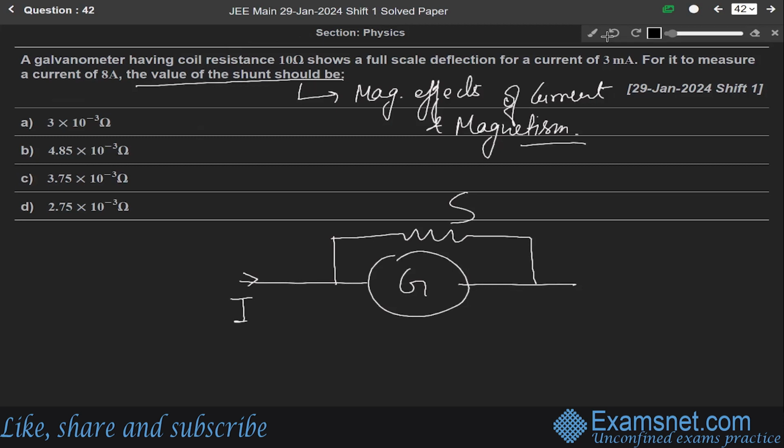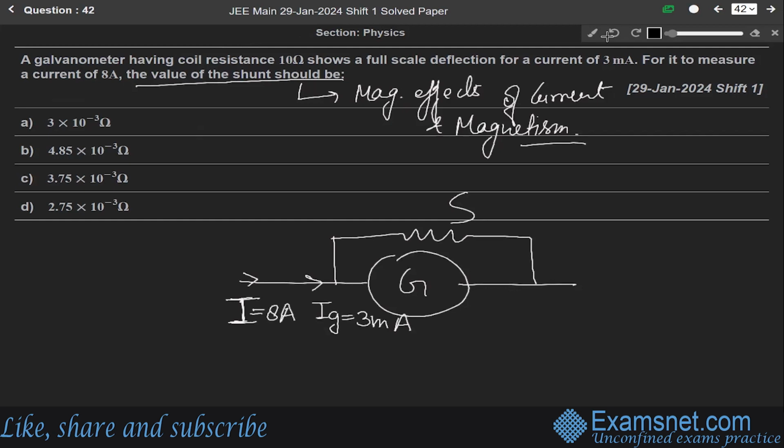For it to measure a current of 8 ampere, when I equals 8 ampere, we have to find the value of the shunt S. When Ig equals 3 milliampere, the resistance is 10 ohm.